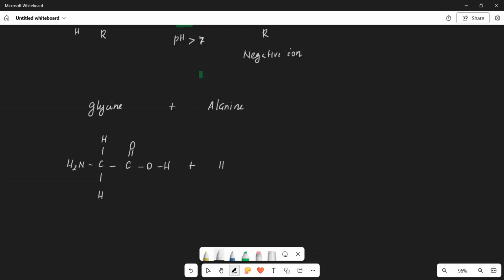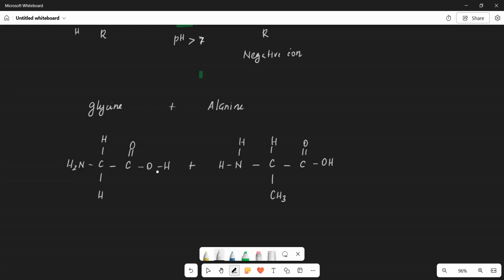Then the second one is alanine. Alanine I am going to write like this as usual: the left side amino group and the right side acid group. The R group in alanine is CH3, C double bond O OH.